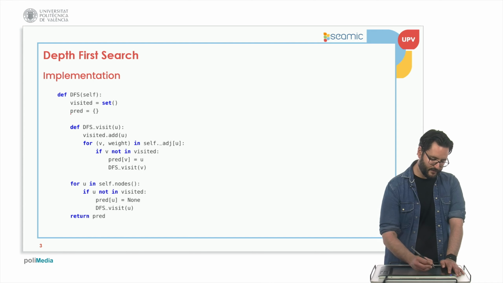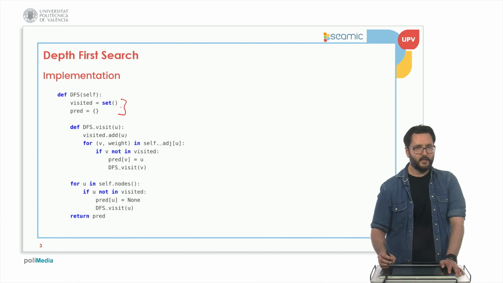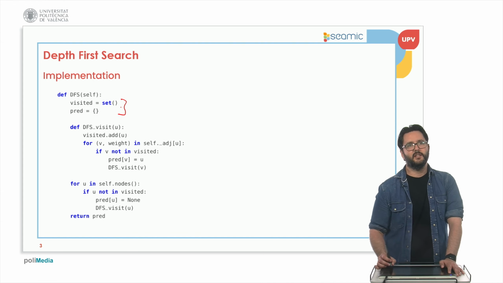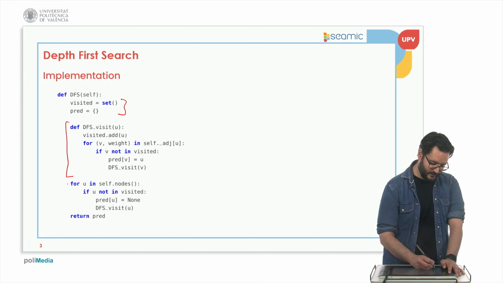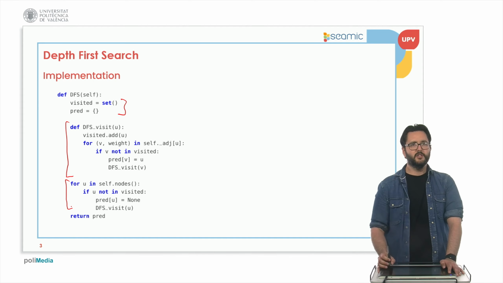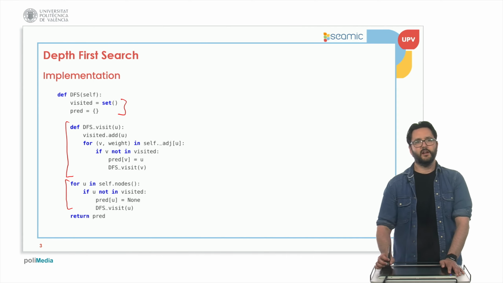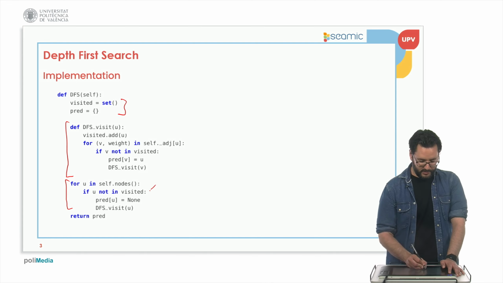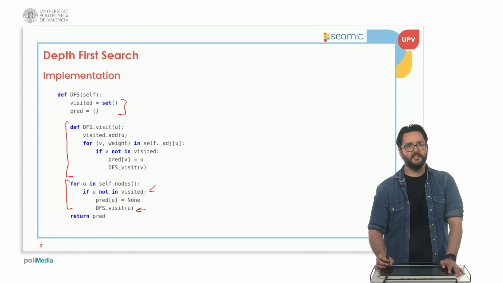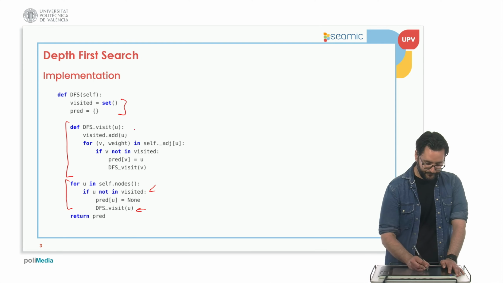Here we have the initialization of the visited set and the predecessors dictionary. We have here the recursive method, and here the for loop that will launch the recursion. For each node, if this is not visited, we call the DFS visit method, starting the recursion.